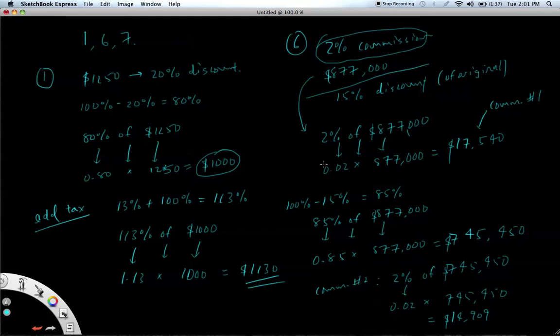Now, I want to find the difference between the two. Okay, so let me use a different color so it's clear here. Let me see, let's use blue. So this is commission 1, this is commission 2. So I'm going to actually solve this right here. Commission 1 is 17,540, subtract commission 2, 14,909.